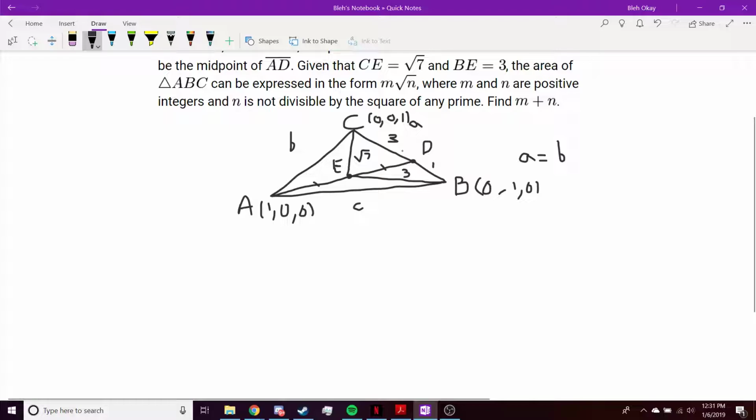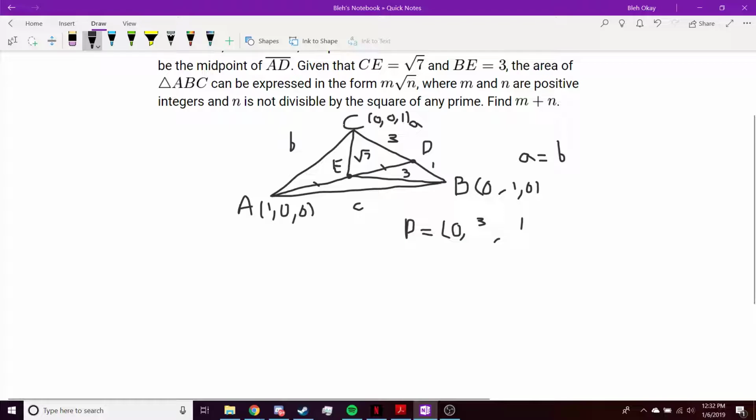Well, ratio-wise, it's not necessarily 1 and 3, which means that D, we know that any point on the line BC must have an x value of 0, and since it's 3 times closer to B, then it should be 3 times the y value and 1 times the z value.